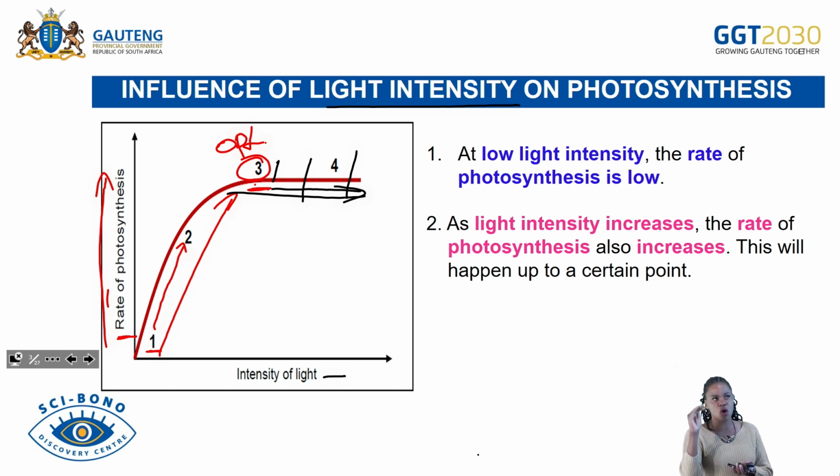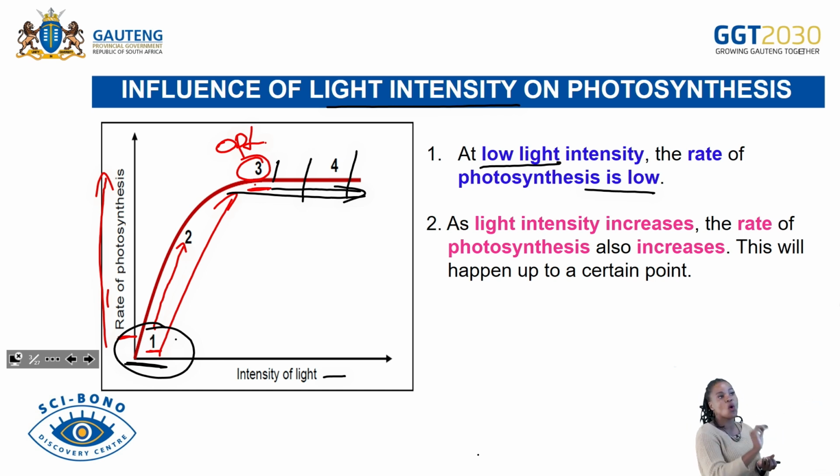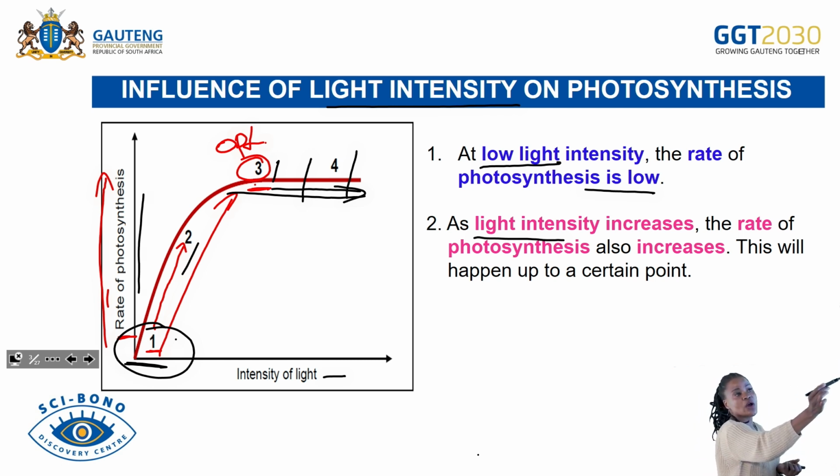It will remain constant. So this shows us that when the light intensity is low, maybe it's at 0 or at 1, the rate of photosynthesis is also low. However, as the light increases, the rate of photosynthesis is also increasing.